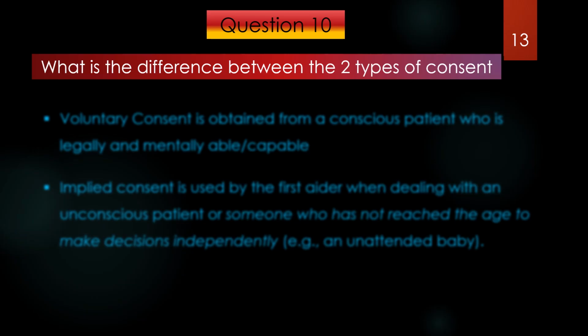Voluntary consent is obtained from a conscious patient who is legally and mentally able or capable, while implied consent is used by the first aider when dealing with an unconscious patient or someone who has not reached the age to make decisions independently. The example is an unattended baby.